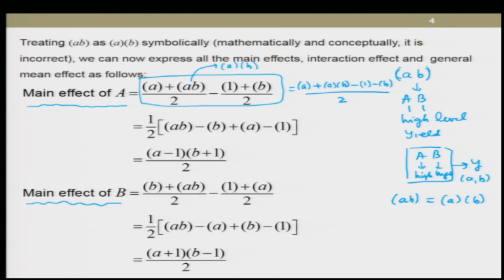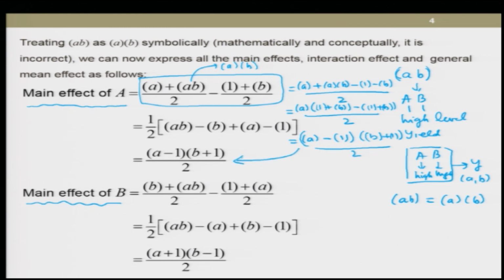And for convenience, in a mathematical format, a comes out as common: 1 plus b minus 1 plus b, divided by 2, and so I can write it as a minus 1 into b plus 1, divided by 2.